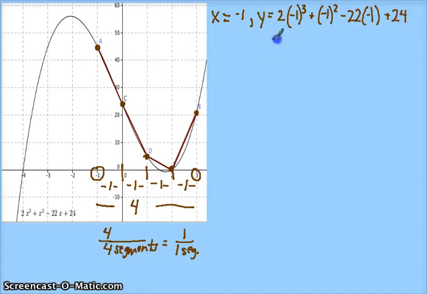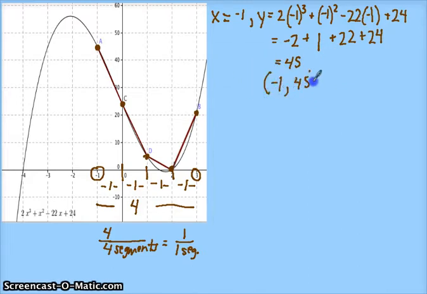I can see -1 cubed is -1 times 2 is -2. -1 squared is +1. -22 multiplied by -1 is +22, plus 24. Our positives add up to 47. 47 minus 2 is 45. So one point that we know is -1, 45.